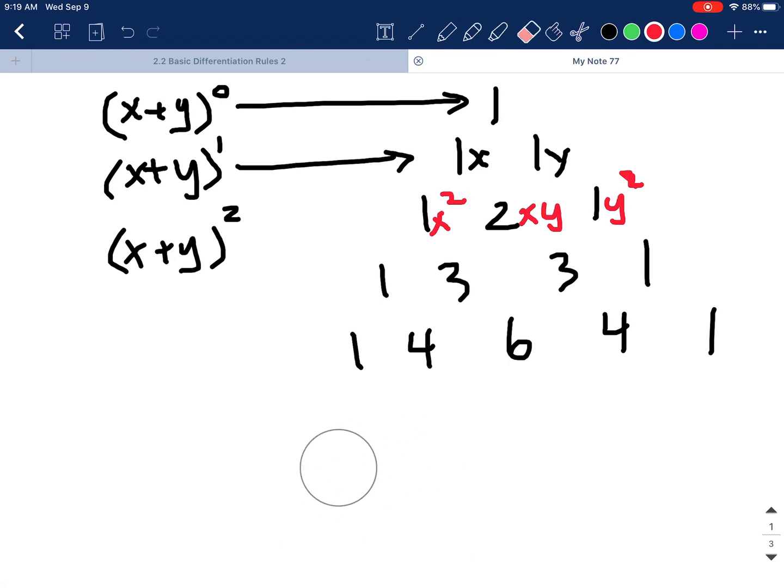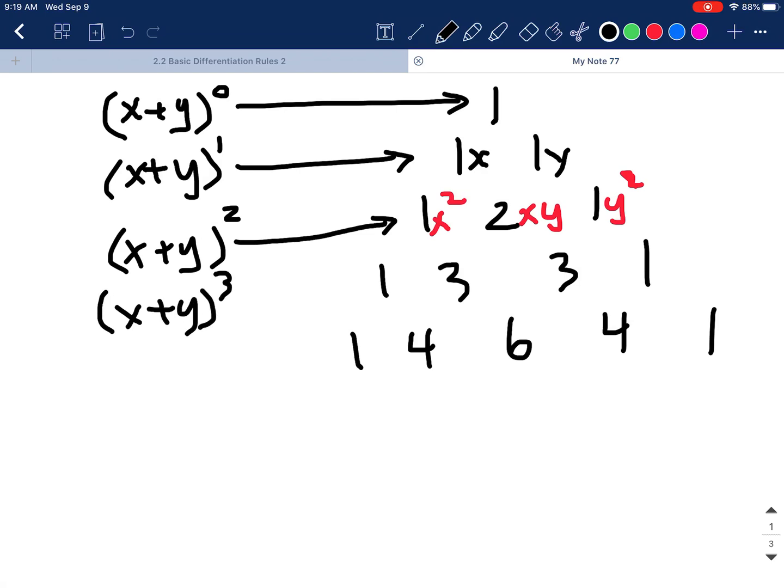So there's also a really nice symmetry to this expansion as well. Okay, and then if I had x plus y cubed, this will now be x cubed, x squared y, x y squared, y cubed.